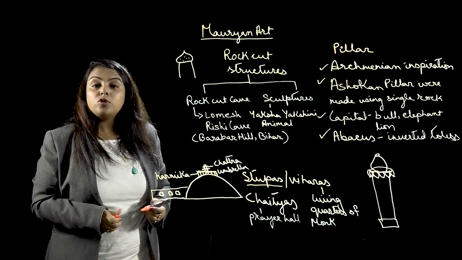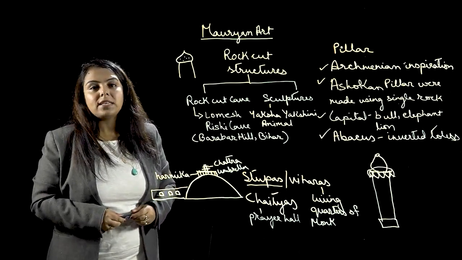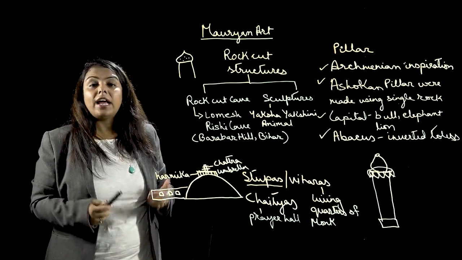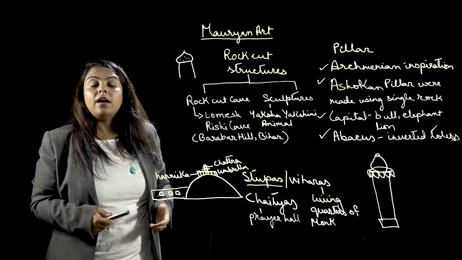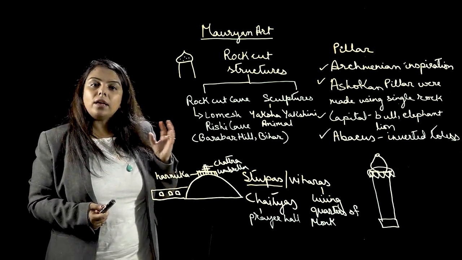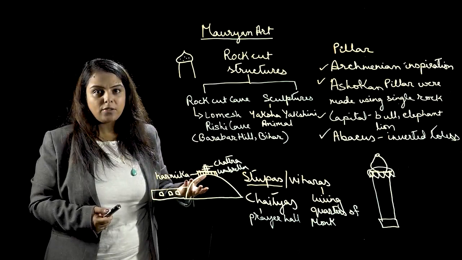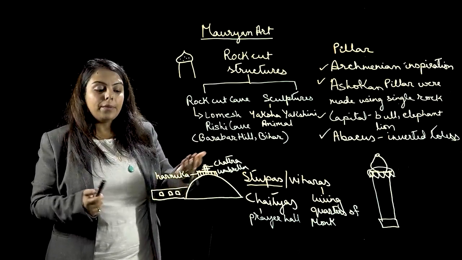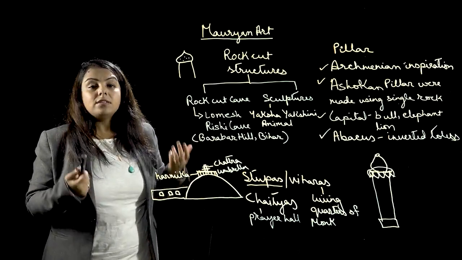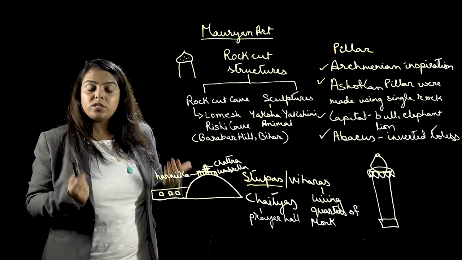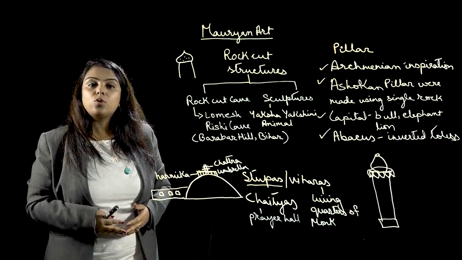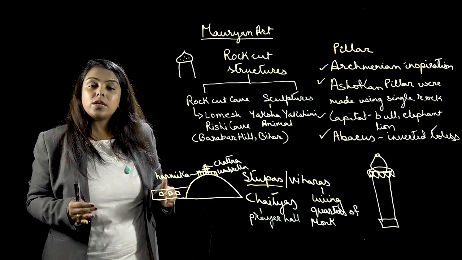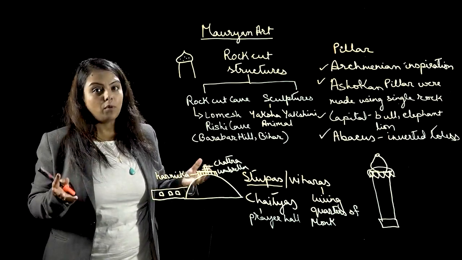When we talk about stupas, you will find stupas at Kushinagar, at Vaishali, at Sanchi, at Rampurva. So, all the important places which are associated with Buddha, we do find important stupas. Sanchi stupa is one of the most important stupas because it has an association with Mahayana Buddhism also.